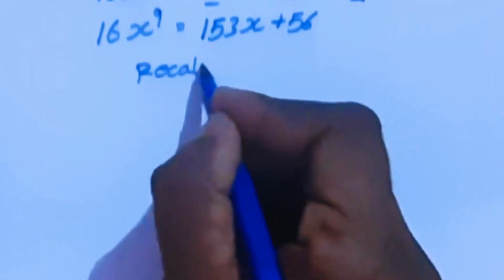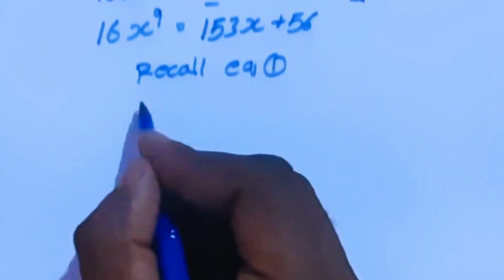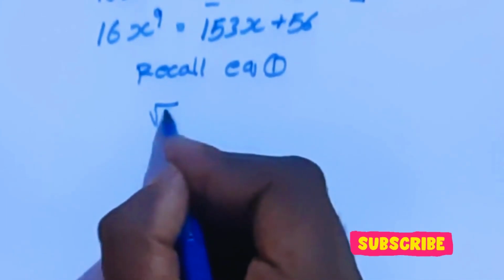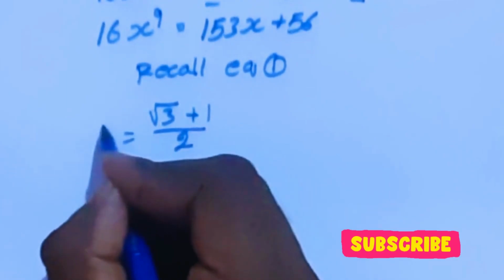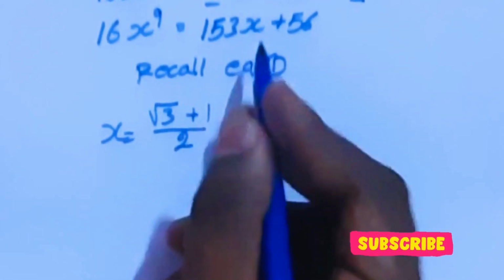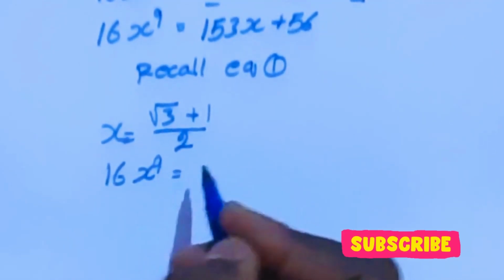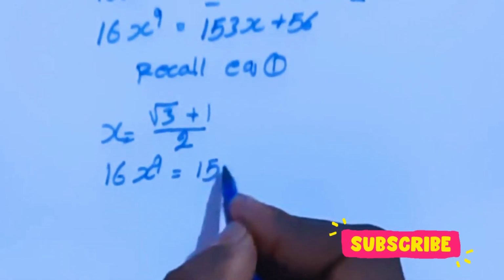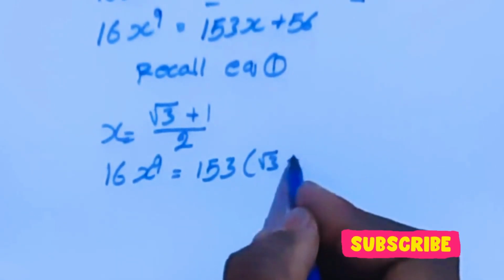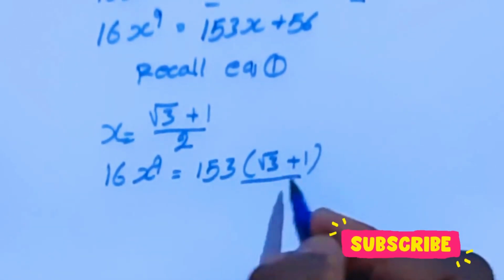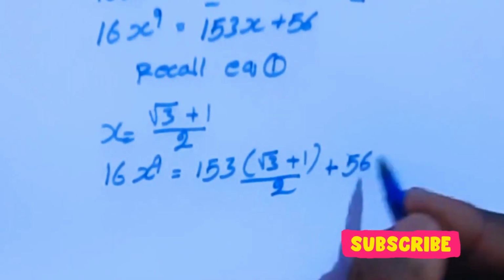Now recall equation 1. The equation 1 here is square root of 3 plus 1 by 2. This is x. Now we are going to apply here. So 16x to the power of 9 equal to 153 times (square root of 3 plus 1) by 2 plus 56.